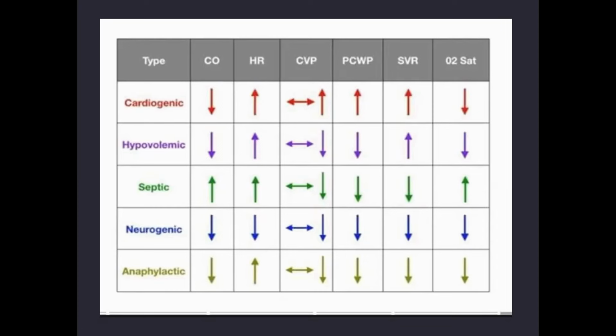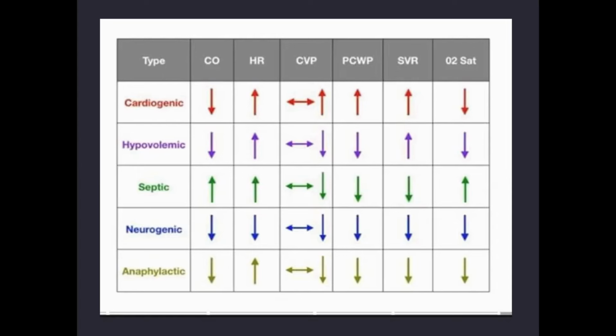Moreover, systemic venous resistance also decreases. Why? Because you again don't have sympathetic drive to maintain the vasoconstriction. So vasodilation ultimately results in a decrease in systemic venous resistance. Again, the reason is vasodilation.